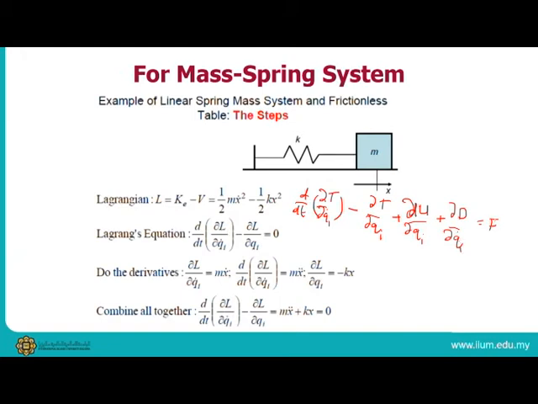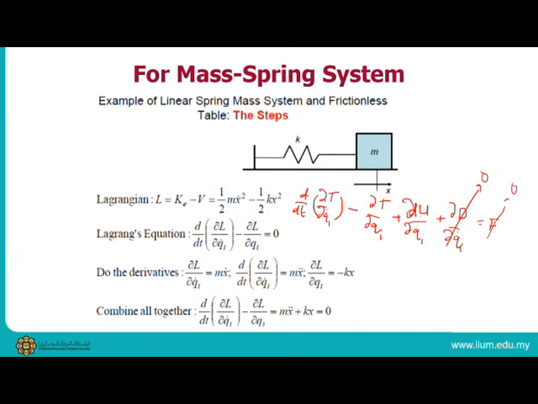So basically this is the equation that we're going to use to calculate this one. But since there's no damper, this part becomes 0. There's no external force, so F equal to 0 as well.